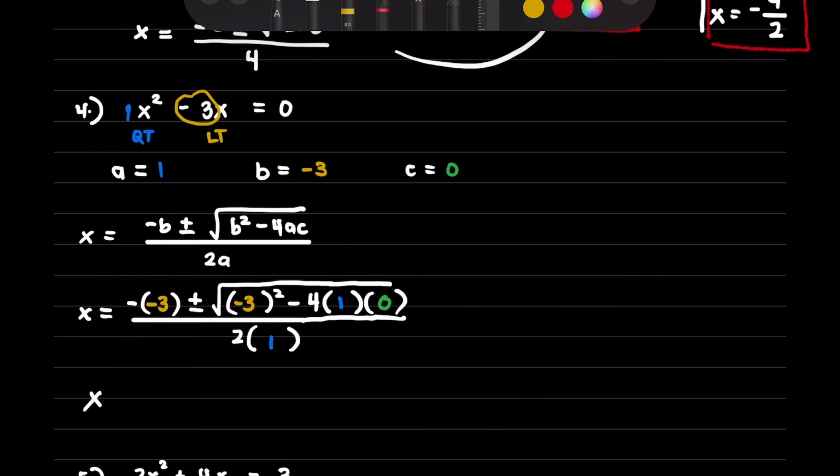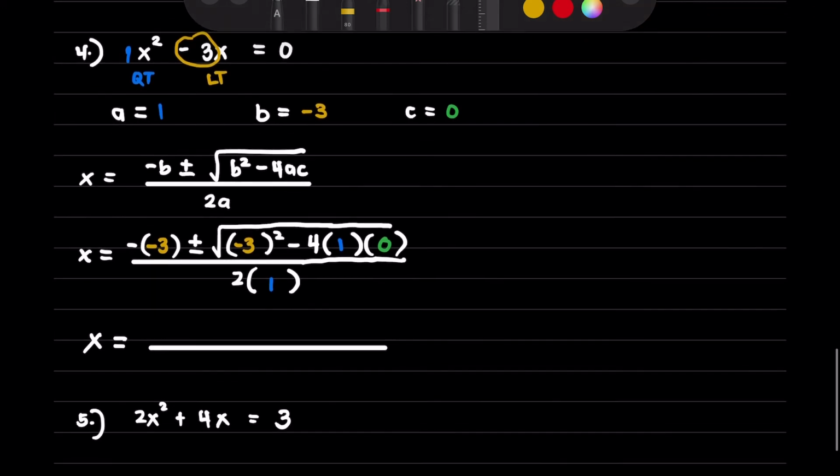So, work out na natin yung ating solution. So, ang sagot natin dito, negative times negative, that's positive. So, positive 3. Plus minus.